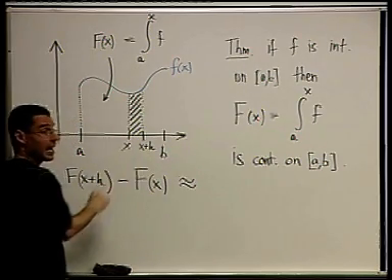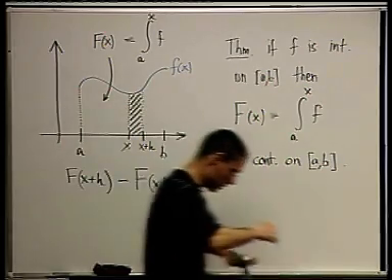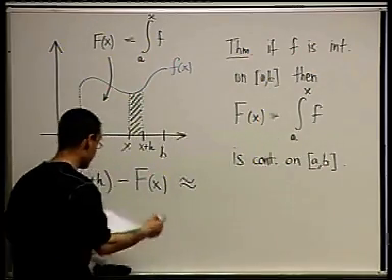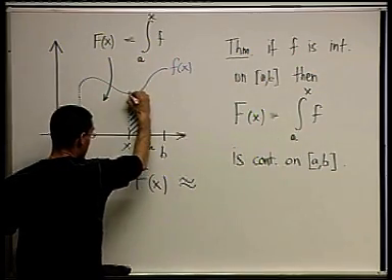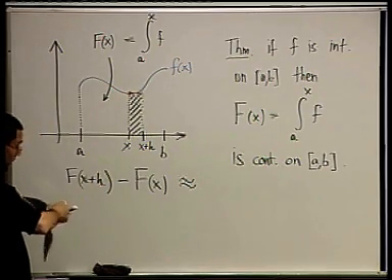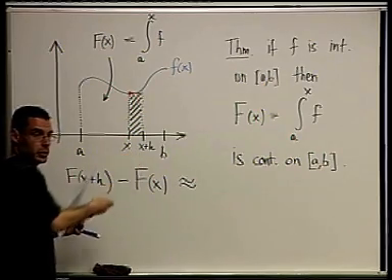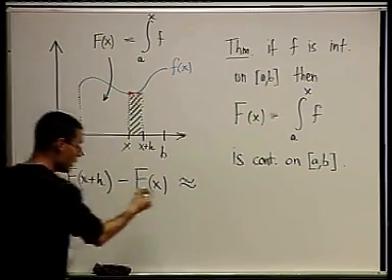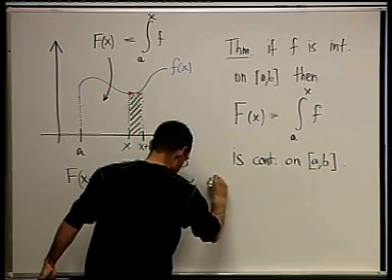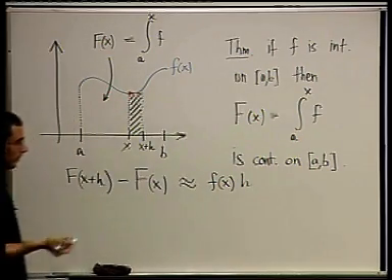Let's take the point x. The value of the function at x, so this is the rectangle, times the width of this subinterval, which is what? h. So this almost equals, it's an approximation for little f of x times h. Do you agree?